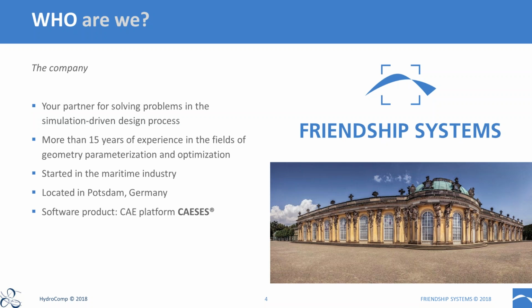We started working in the maritime industry, and for the majority of the life of the company, we were focused solely on the maritime industry. Only in the last maybe 5 years, we started expanding also into other industries that are also dealing with flow optimization, geometry optimization problems, such as turbomachinery, powertrain applications, and so on.